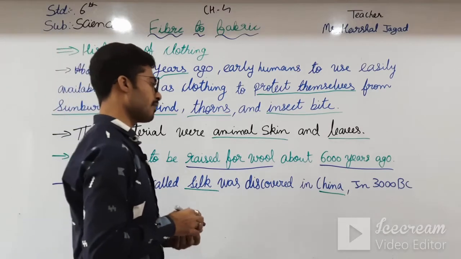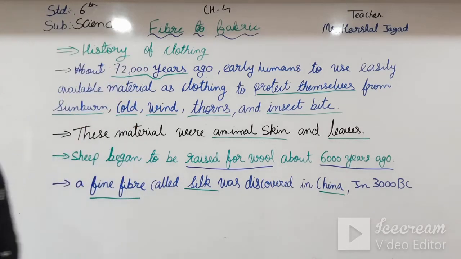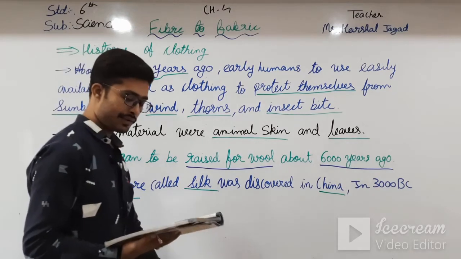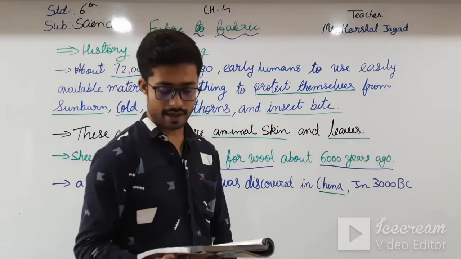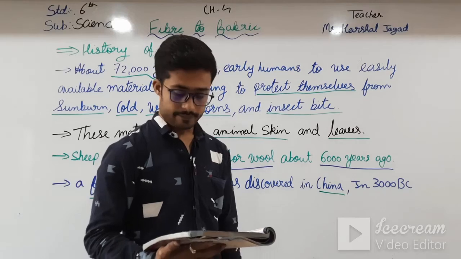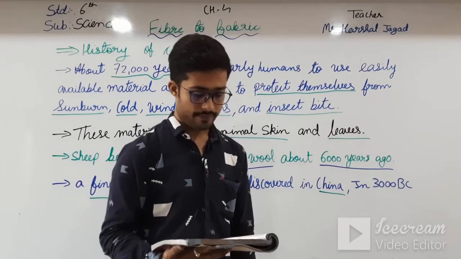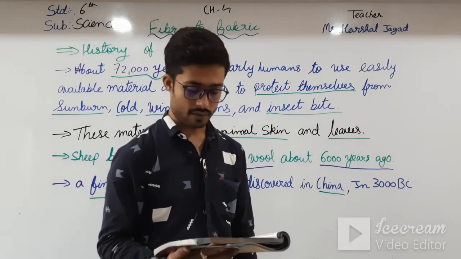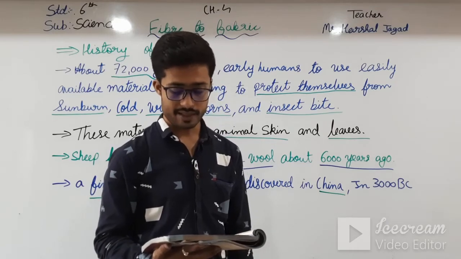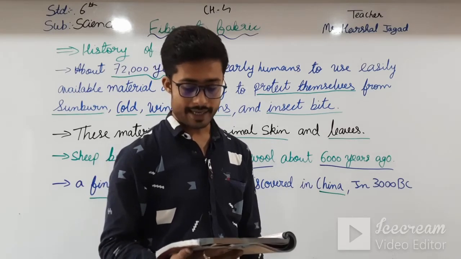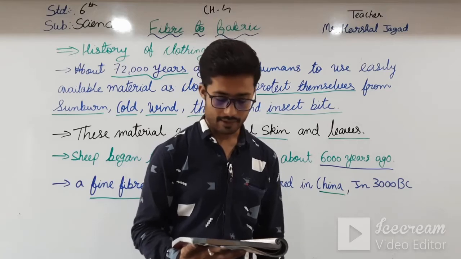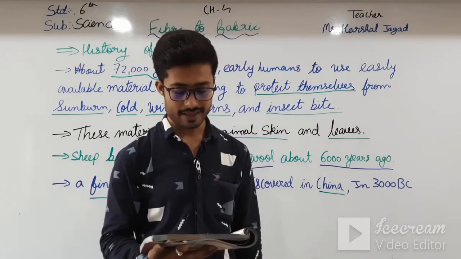So these are some of the main points. Moving further, with the development of agriculture, plants such as cotton and hemp came into use for their fibers, which were used for clothing. Cotton began to be used widely in India around 3000 BC.